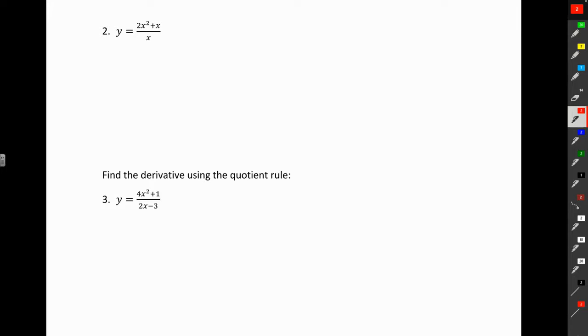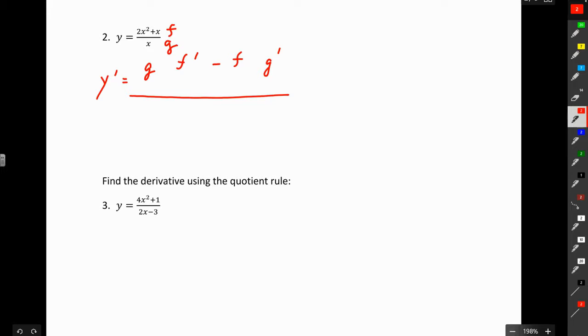So we're going to call the numerator f and the denominator g. And the rule says we have g f prime minus f g prime all over g squared. And we'll fill that in.